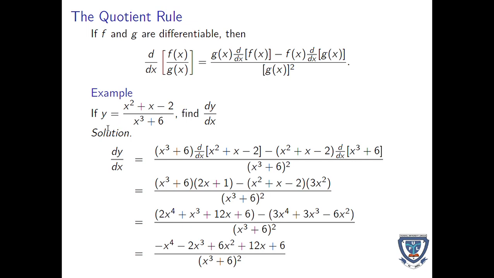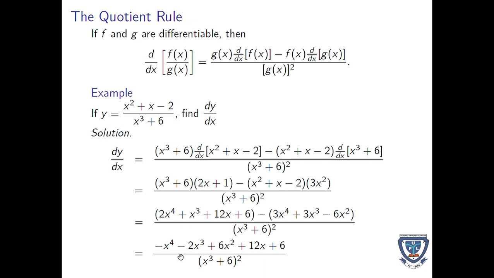For this particular example, if y equals x squared plus x minus 2 over x raised to power 3 plus 6, this is clearly a quotient, or what you can call a fraction, then the derivative dy dx will simply be what you are seeing here by applying this principle.